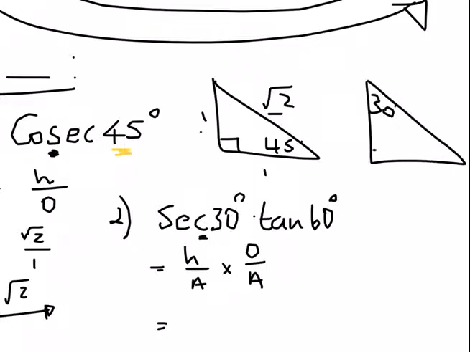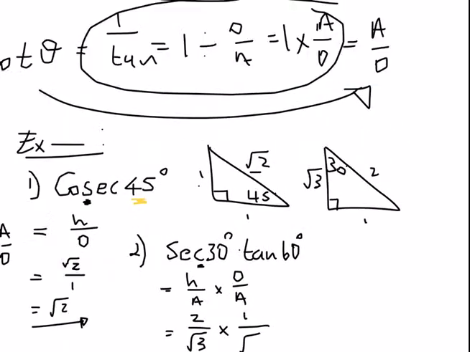So for 30, it is very much important that you know these diagrams by heart, because otherwise you're going to be in big trouble. So the hypotenuse for that special angle of 30 is definitely 2 over adjacent, which is square root of 3, that you will need to multiply by. Opposite is 1, adjacent again is square root of 3.